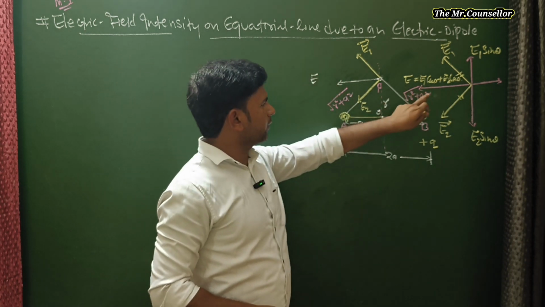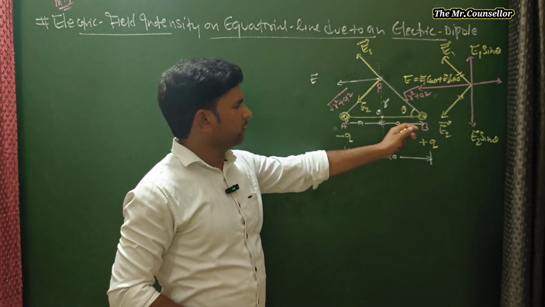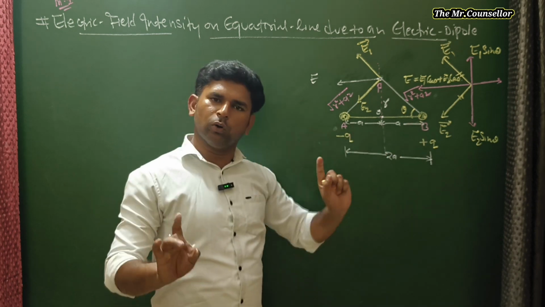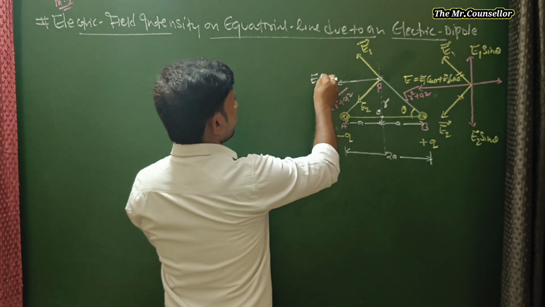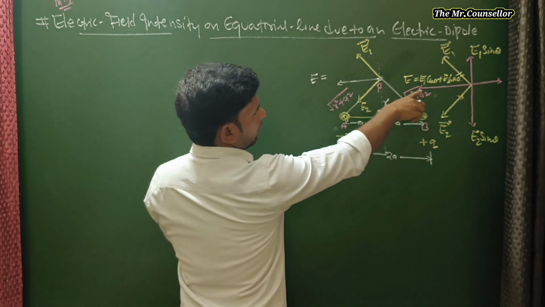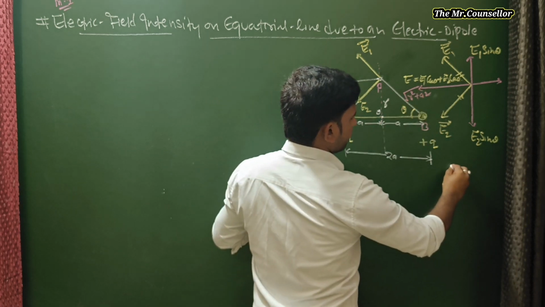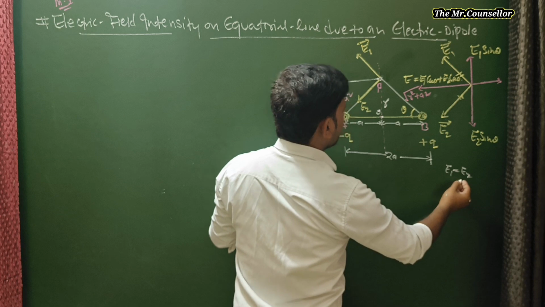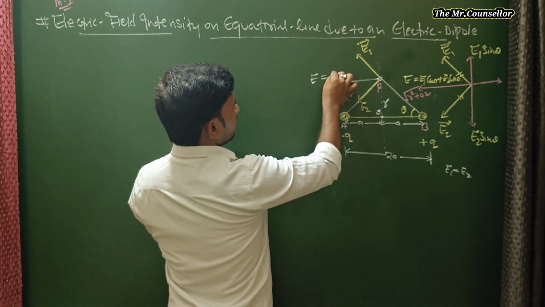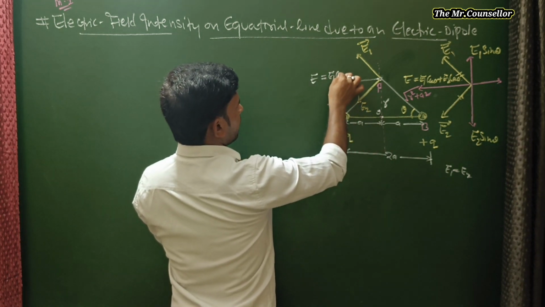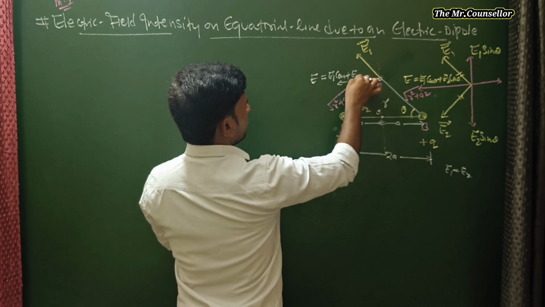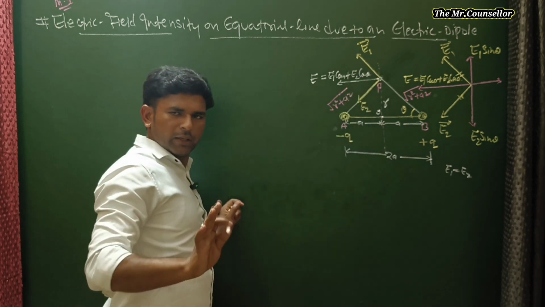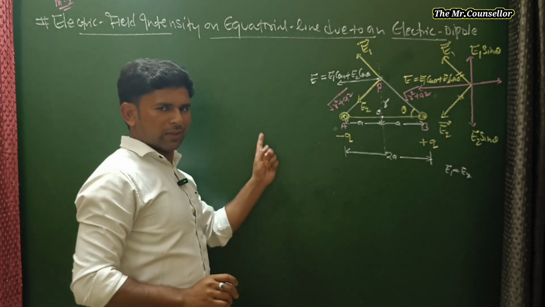According to this, the distances are the same and the charges are the same in magnitude. So E1 and E2 will be equal. So you can write here E1 cos theta plus E2 cos theta. Yes or no? In calculation we will get it, no problem.